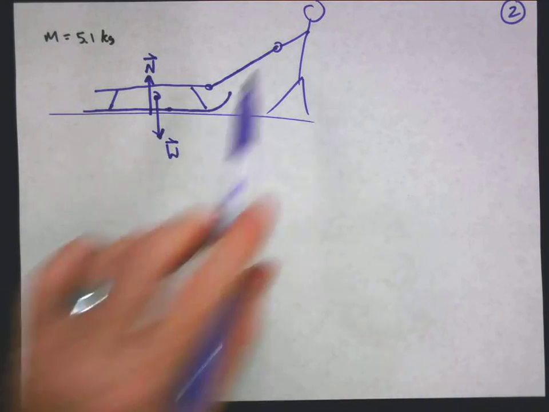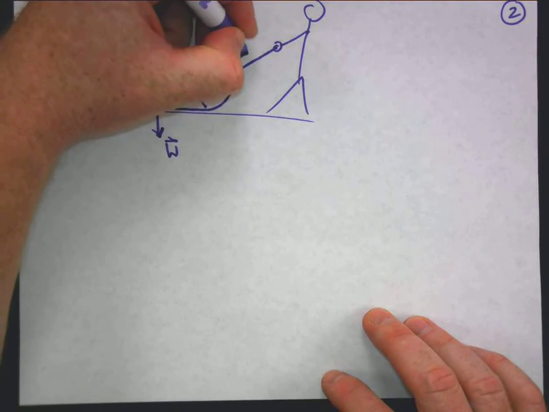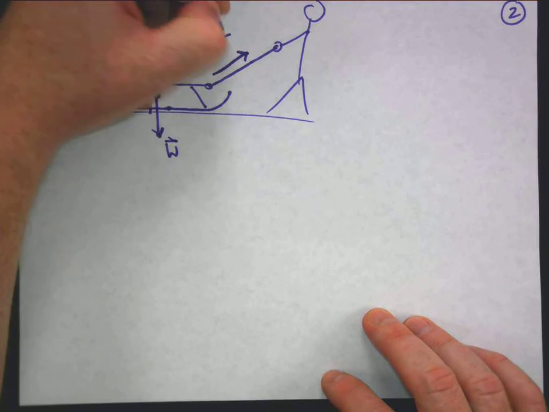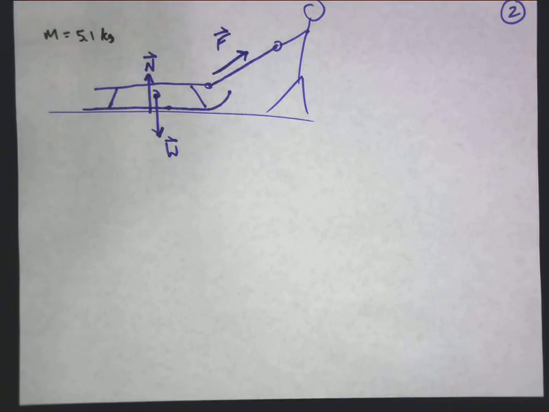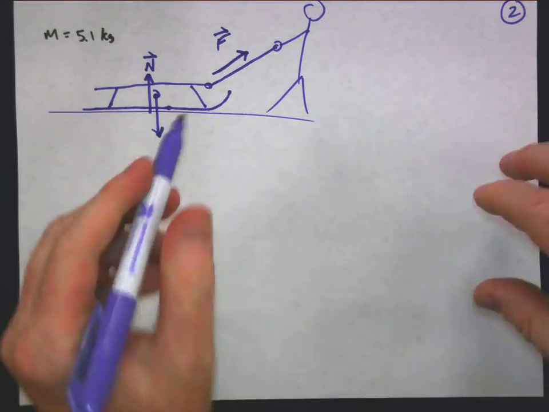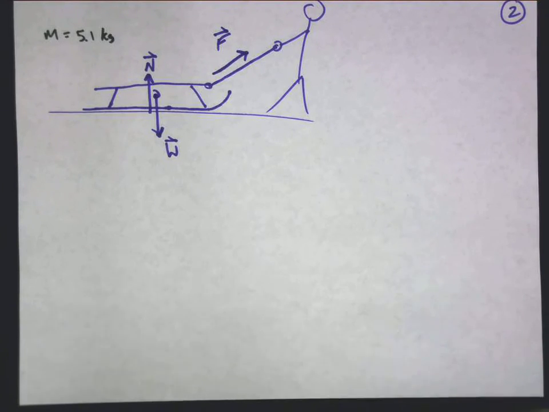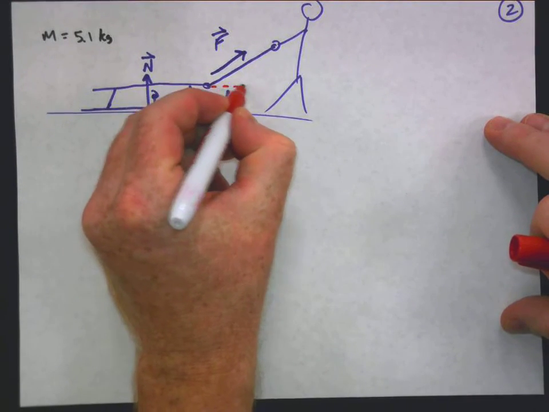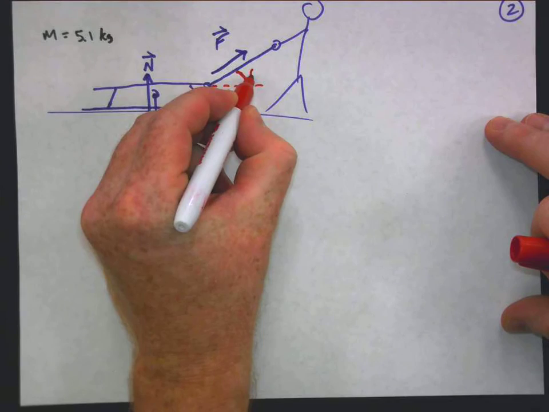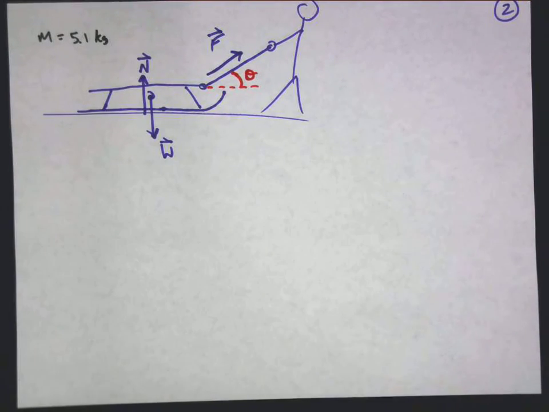There is this extra force along this rope. Okay, and oh, it's at an angle as well. Oh my goodness. We have an angle theta to the horizontal.